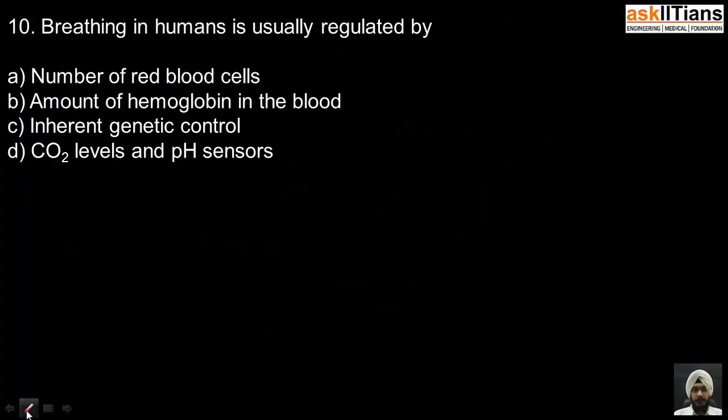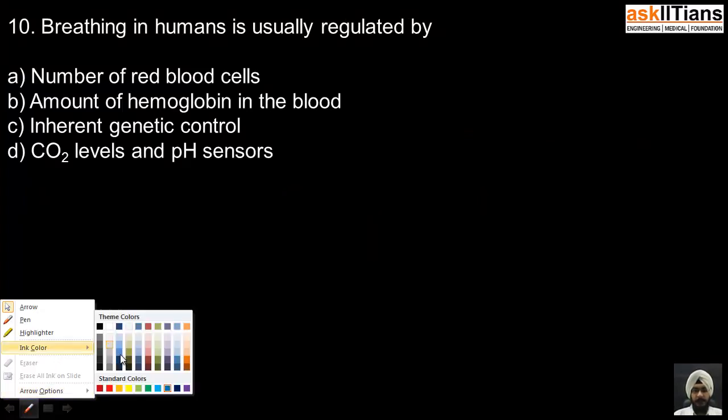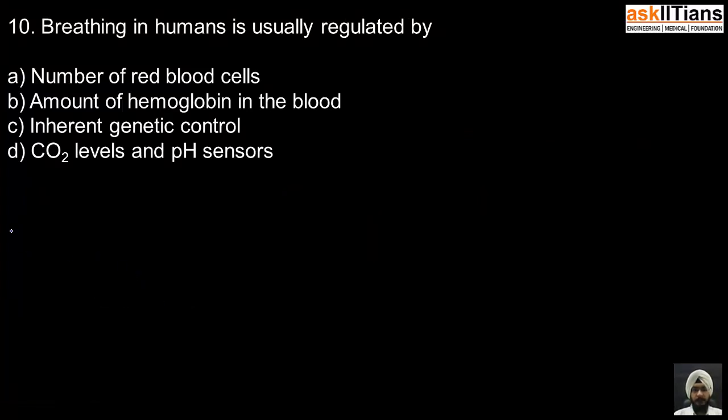Let's go to the next question. The next question says that breathing in humans is regulated by number of red blood cells, amount of hemoglobin in the blood, inherent genetic control, CO2 levels and pH sensors.